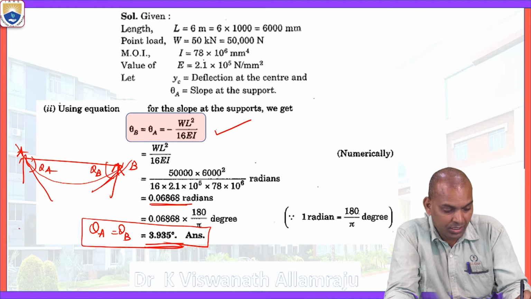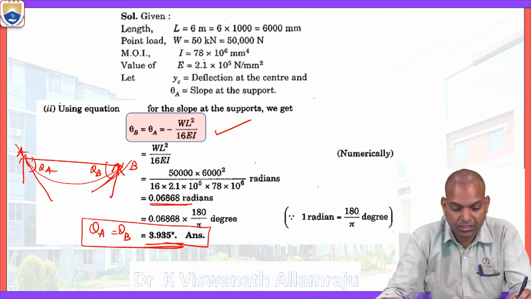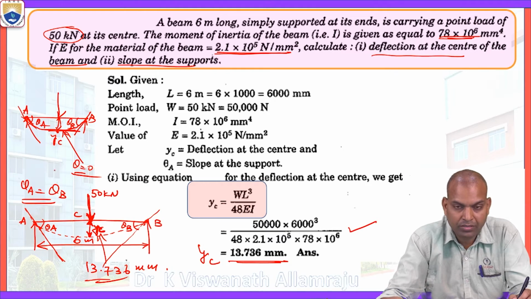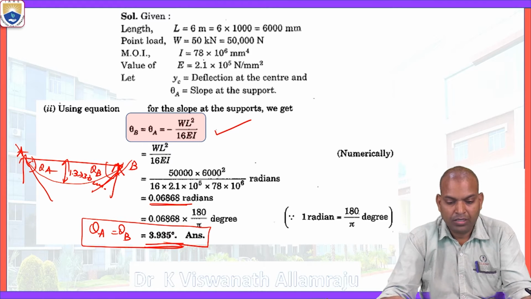That means with the inclination of 3.935 degrees, the maximum deflection observed here is 1.3736 centimeters, for the slope at inclination of 3.935 degrees.